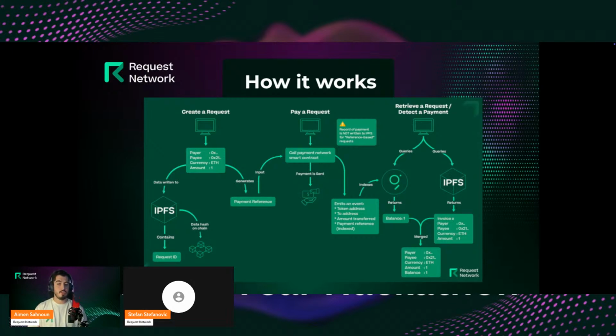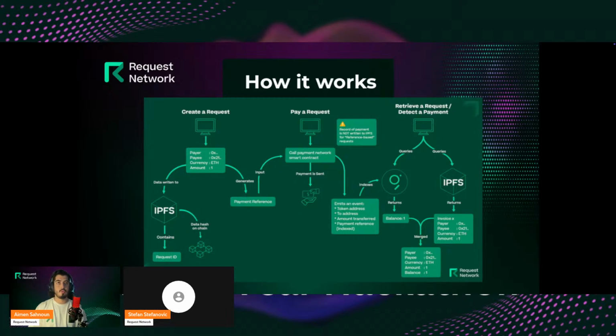To get a general overview of how it works, we have this graph here. Basically, when we're creating a request, we need to pass in the normal contextual data that we would see in invoices or payments, such as the payer, the payee, which currency are we denominating the invoice in, as well as the amount.